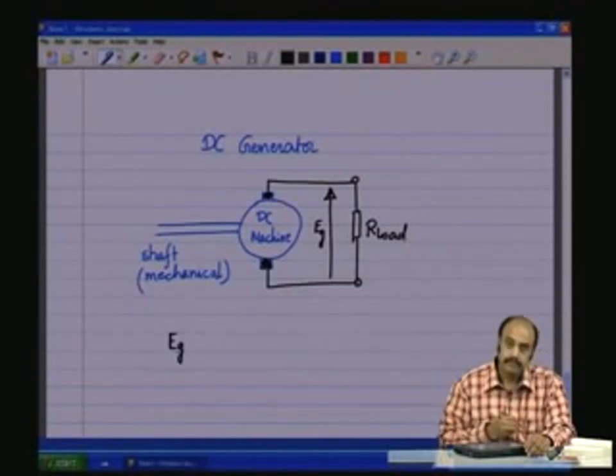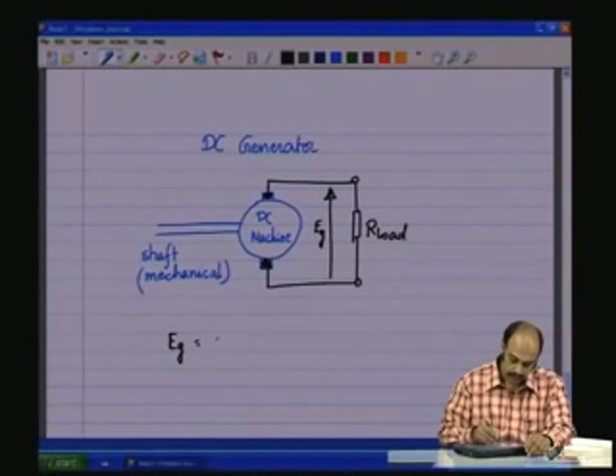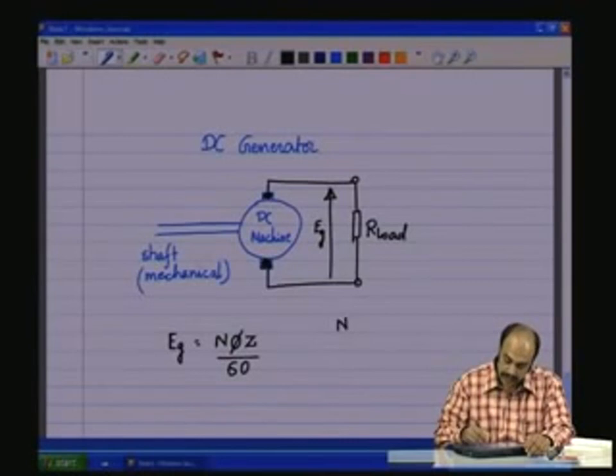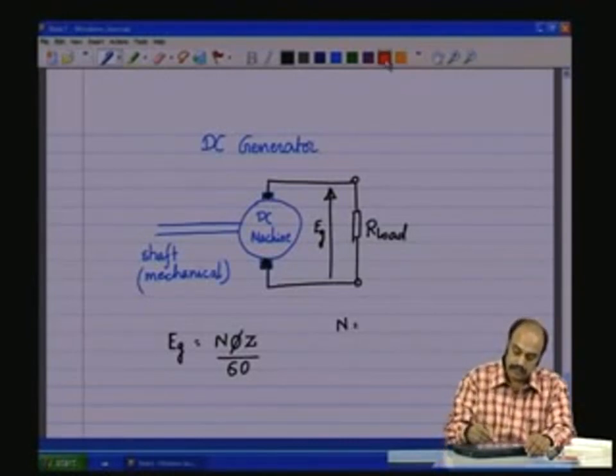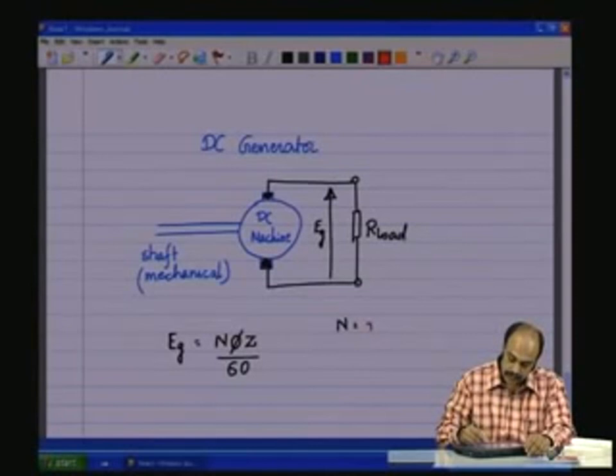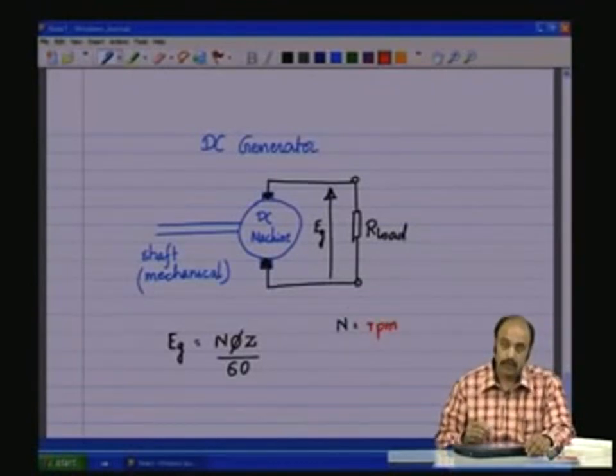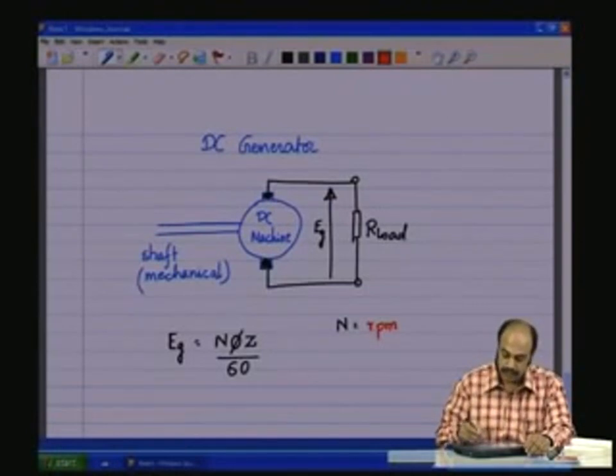E generated is given by N phi Z by 60, where N is the RPM of the shaft rotation or the rotor rotation. RPM is revolution per minute.